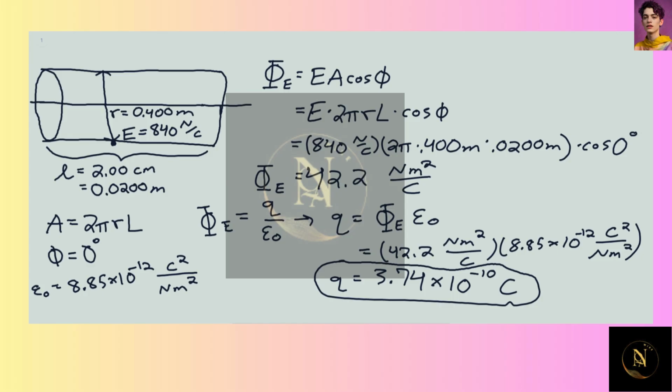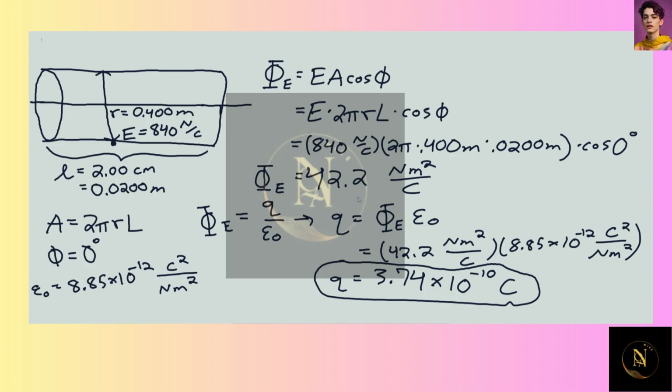Then we can use Gauss's law. Now that we know what the flux is, from Gauss's law, we know that the net electric flux is the total enclosed charge Q divided by epsilon naught, where epsilon naught is our universal constant of 8.85 times 10 to the negative 12 coulomb squared per newton meter squared. A little bit of algebra, rearrange this to solve for Q. So we get Q equals the flux multiplied by epsilon naught.